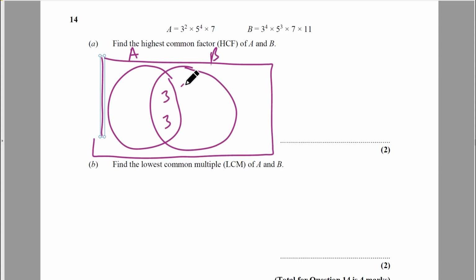That's the 2 3s in A. So there's a 3 and a 3 left. There's 3 5s, 1, 2, 3, 1 extra in A. There's 1 7 shared and 11 in B. So the highest common factor is in the middle, what intersects, because they are factors in both. So you'll just work that out.